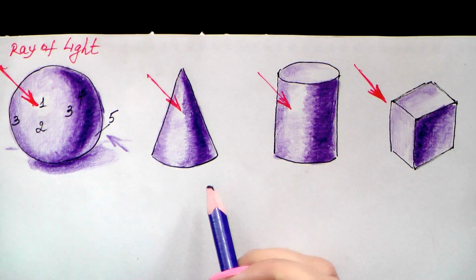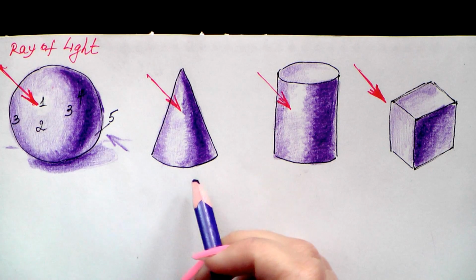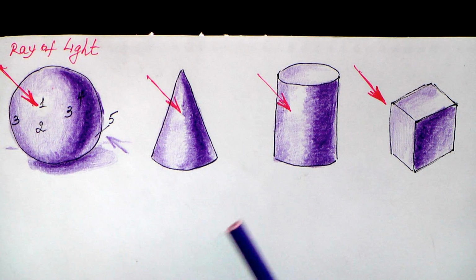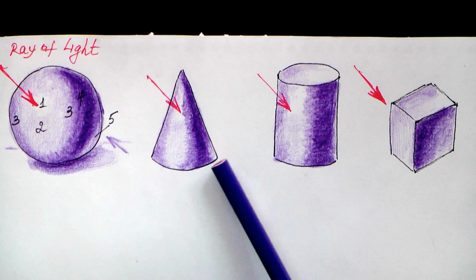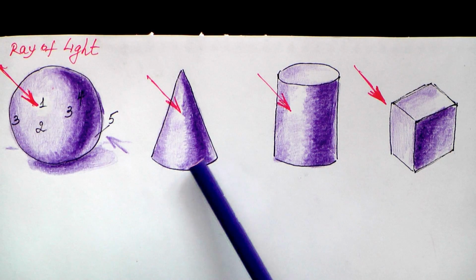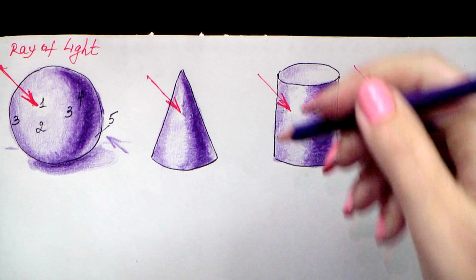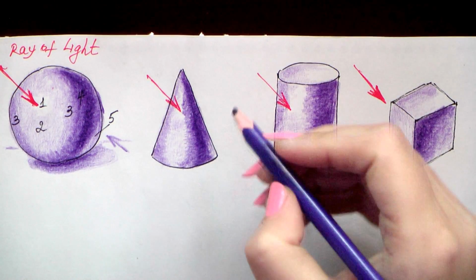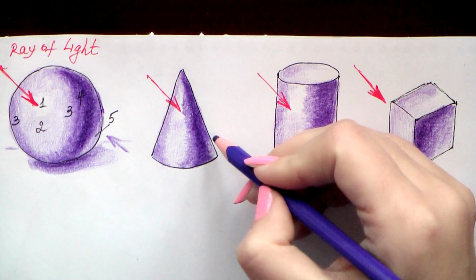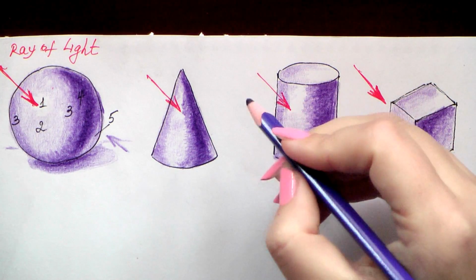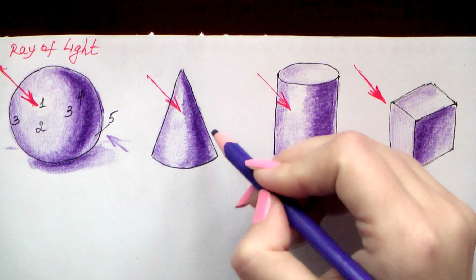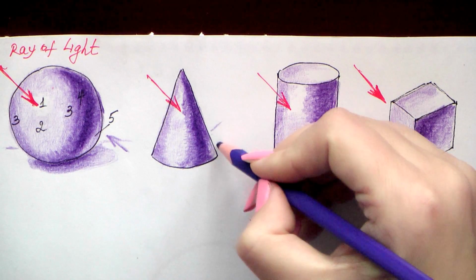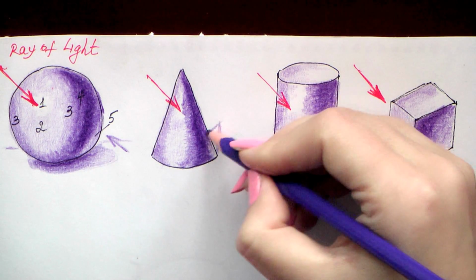And using shadows, we could also indicate at what time of day our picture is set. For example, at 12 o'clock at midday, we have very crisp, very precise and very short shadows, just like this.